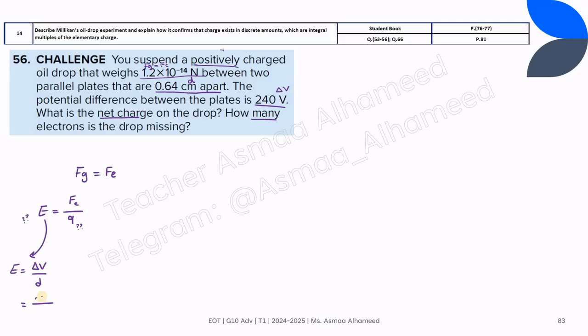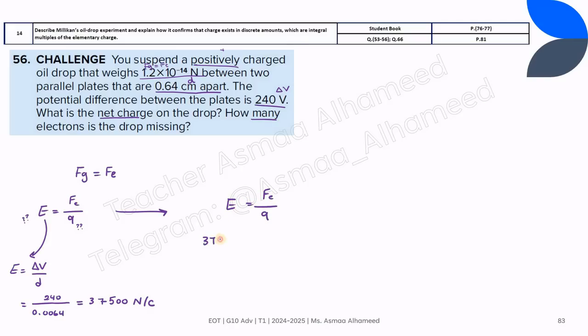So delta V is 240 and the distance is in centimeters. So first we divide by 100, we get 0.0064, and this will be equal to 37500 Newton per Coulomb.